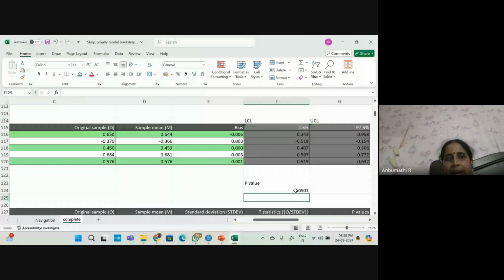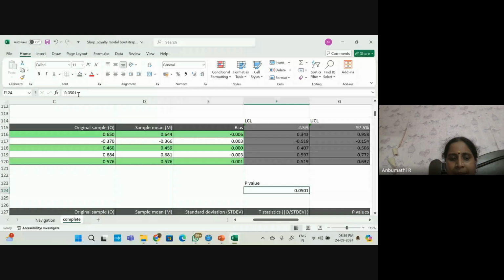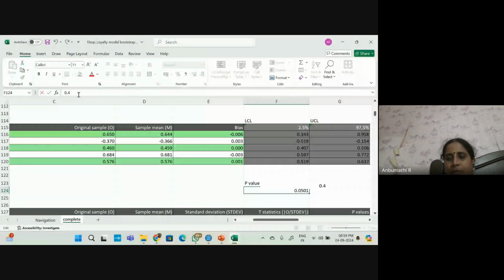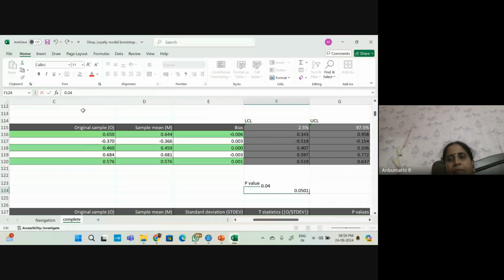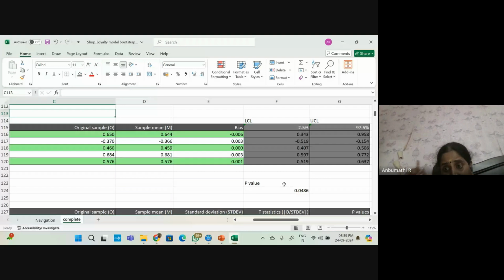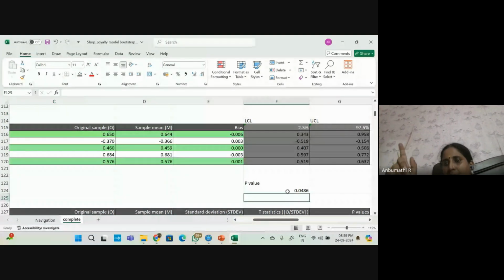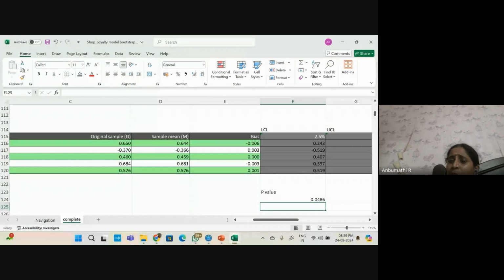Or you take 0.0491, or 0.0486. For example, when the p-value is less than 0.05 here in the total effects, but it is near to 0.05, do you understand?